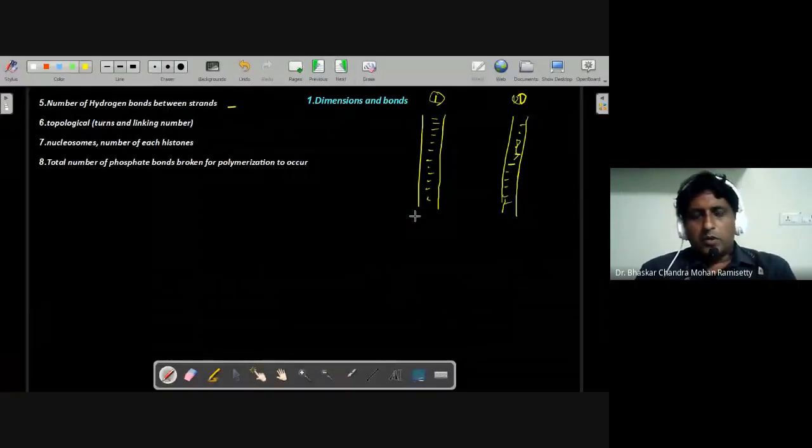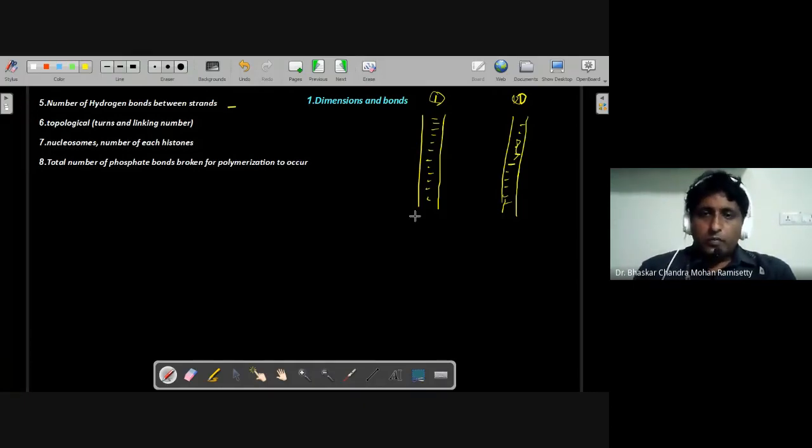In the last one, in topology, I'm not sure how much you have read about it. We have turns and linking number, right, and so on. We are not going into all the details, but what I want you to understand is twist. If this is one strand and this is the other strand, in a coil you are having it like this, right?